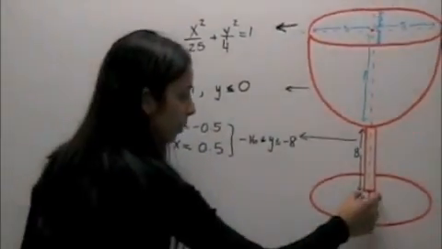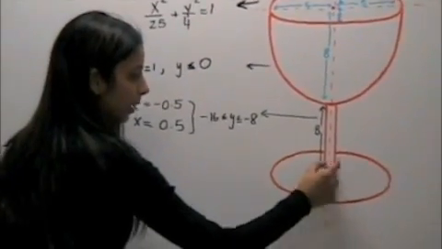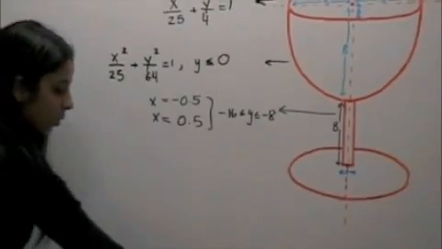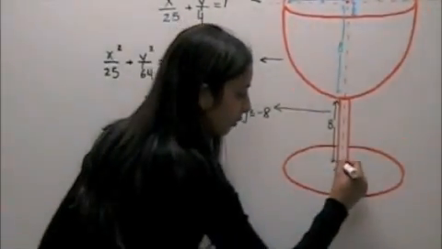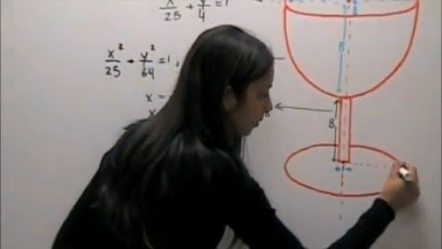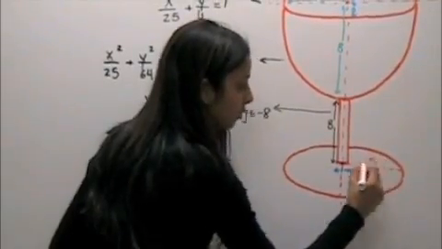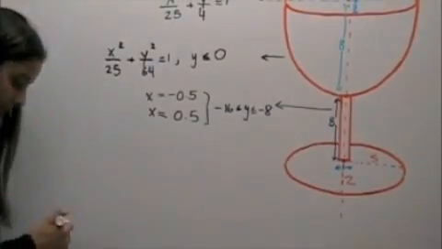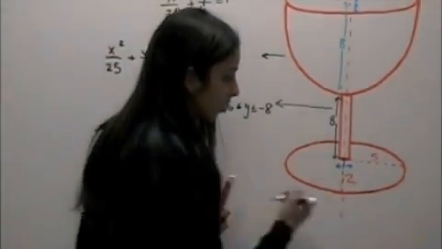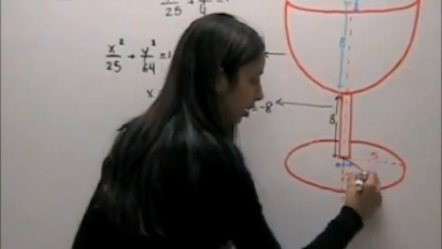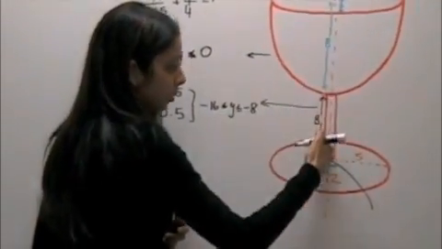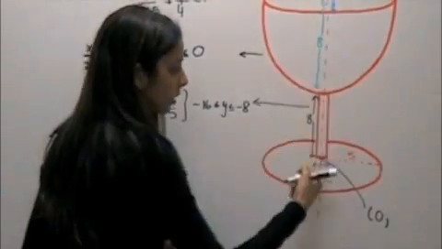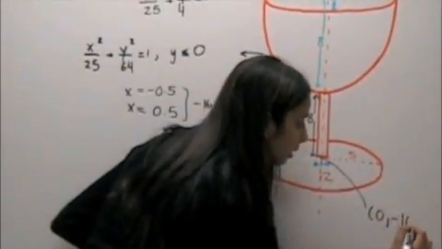Let's forget about this little portion right here for a minute and consider this ellipse and put some more parameters on it. Now I just want to put some numbers on this ellipse. From the center, I want to define that this value here is 5 units long, and this value is, say, 2 units long. I need to also consider my center. My center here is at x equals 0, and y goes all the way down to minus 16.